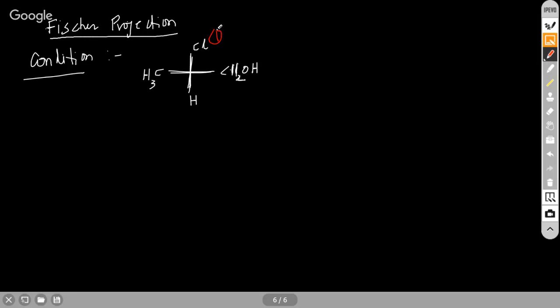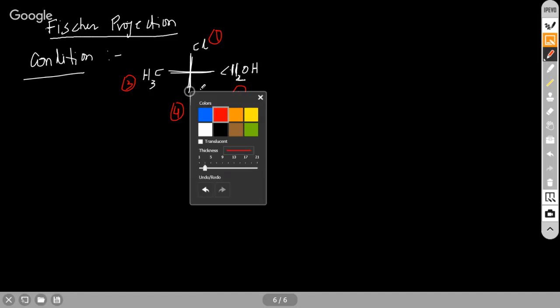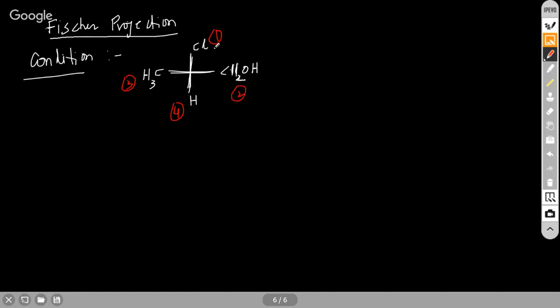Chlorine is first, CH2OH is 2, this is 3, and this is 4. So the least priority is always on the bottom of the vertical line, and here it is present. So we go 1 to 3 via 2, like this. It is clockwise, so configuration is R.